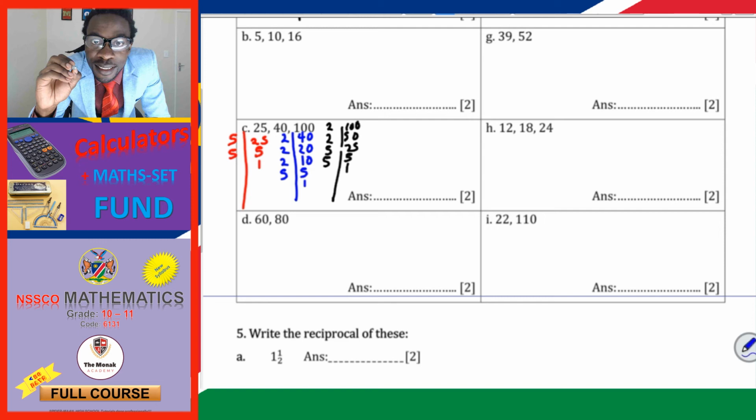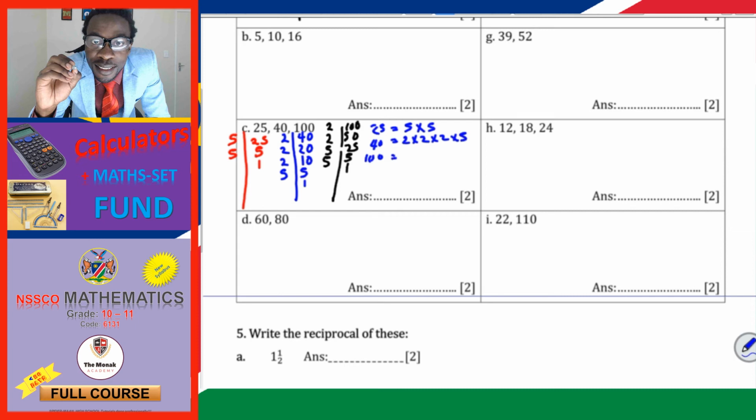So we rewrite everything. We know 25 is 5 times 5. We know 40 is 2 times 2 times 2 times 5.